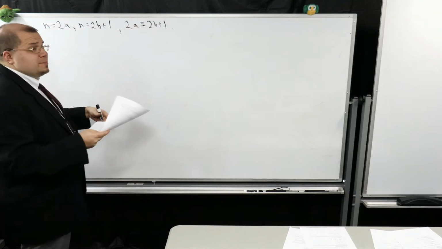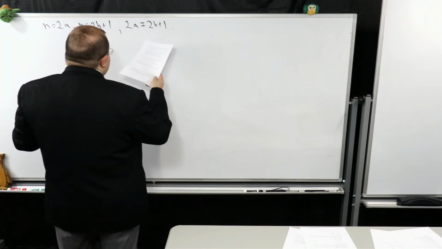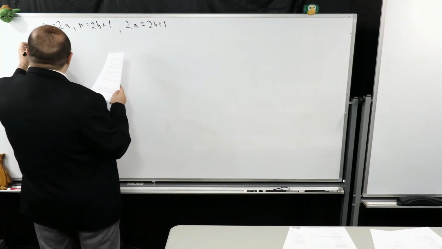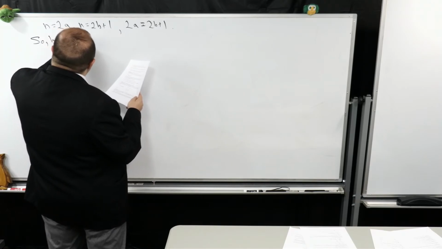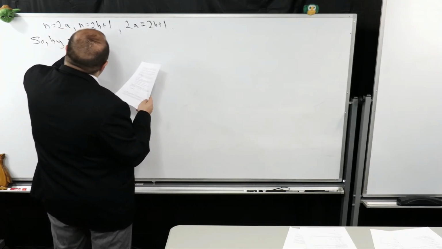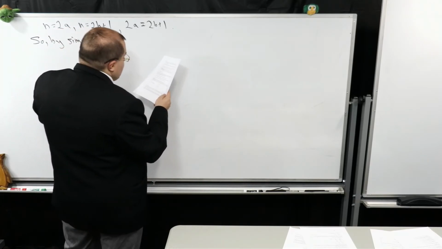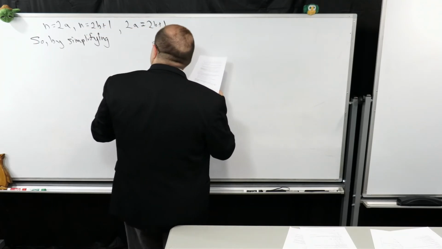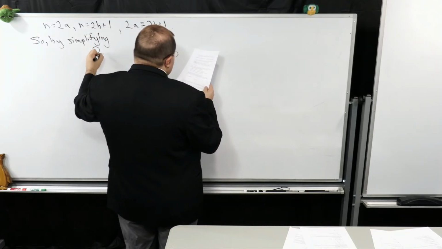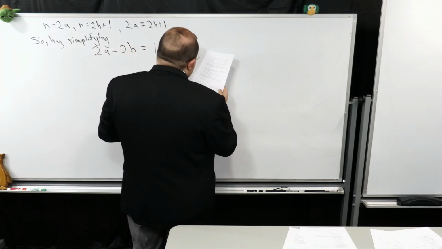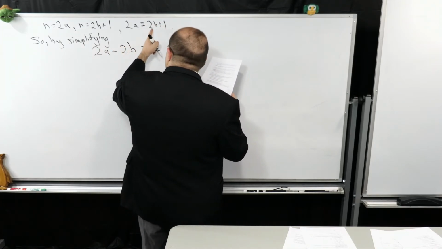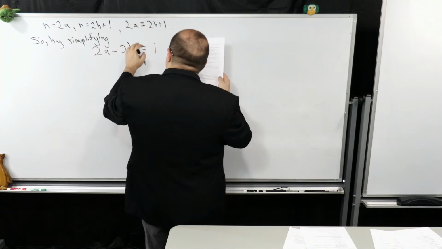So I'm just going to simplify things down a little bit by simplifying this equation here. So by simplifying, we get 2a minus 2b is equal to 1, right? I'm just going to subtract off 2b from both sides.